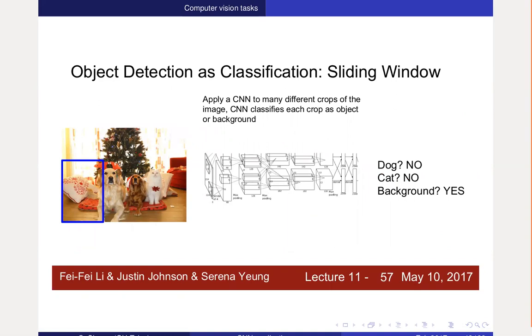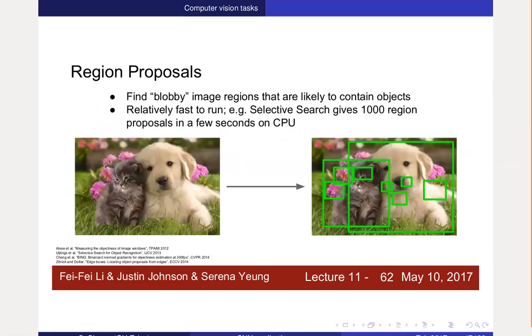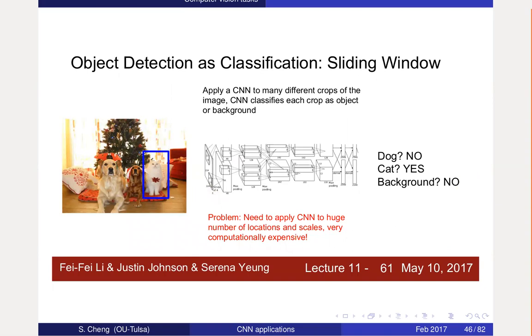The simplest, most naive way is I can do a sliding window. Basically, we slide the window over the image, and I determine whether there's an object or not. If there's an object, then we say it's an object, and also use regression to find the precise location of the window.